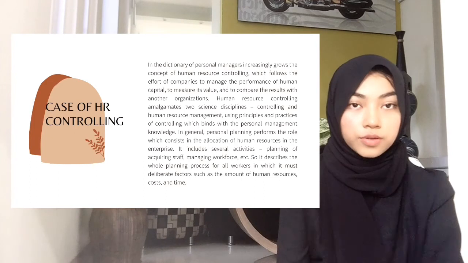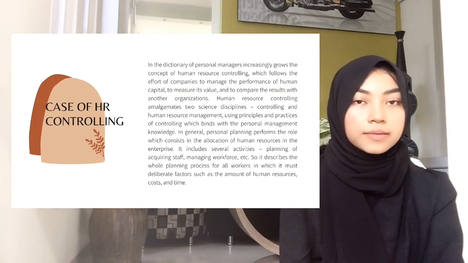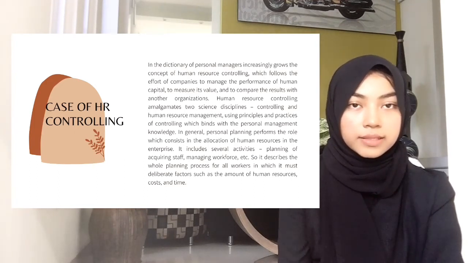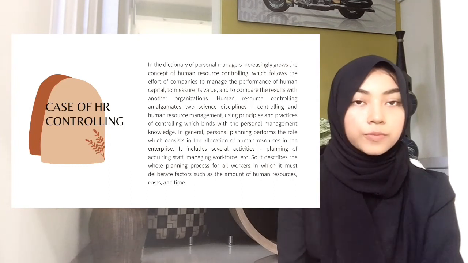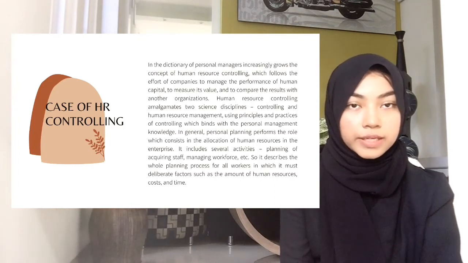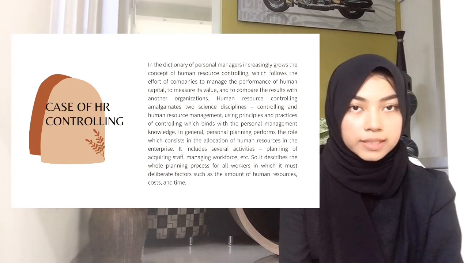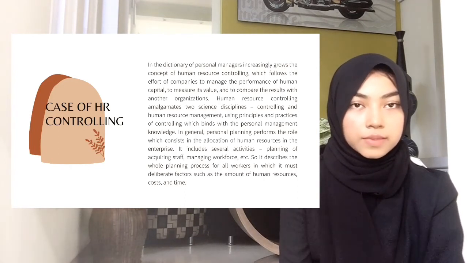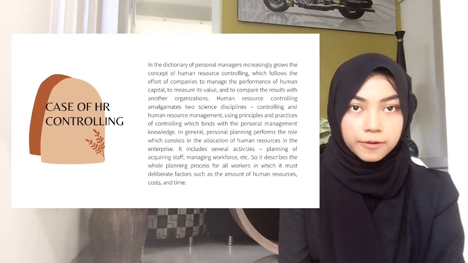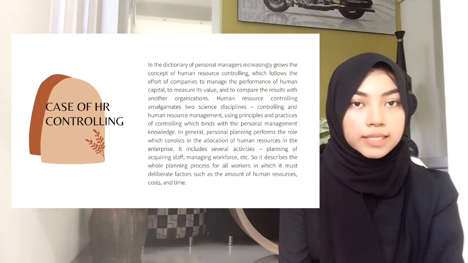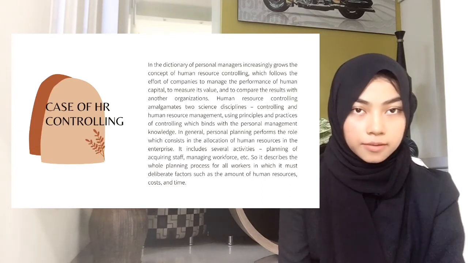Human resource controlling amalgamates two science disciplines, controlling and human resource management, using principles and practices of controlling together with personnel management knowledge. In general, personnel planning performs the roles which consist of the allocation of human resources in the enterprise.